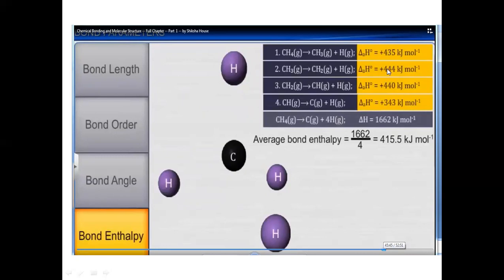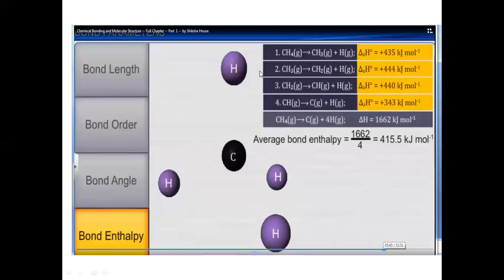For that 444 kilojoule is utilized, and again from CH2 one H is taken out, so CH is remaining. Again 440 kilojoule per mole is used as energy, and from this CH, carbon is separated from hydrogen. At last 343 kilojoule per mole energy is used.